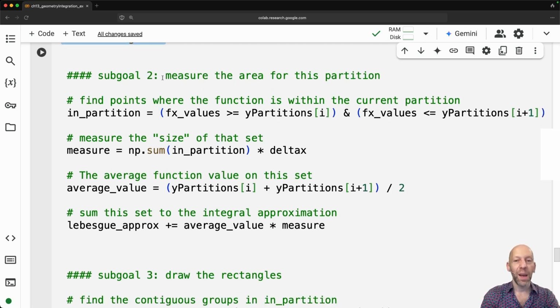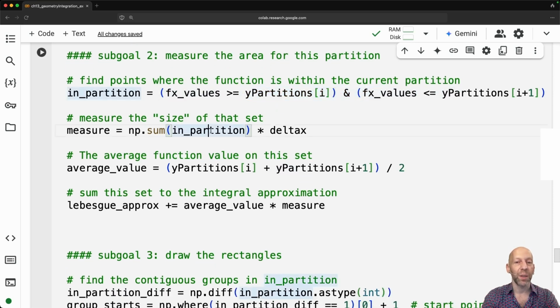Now what we need to do is find all of the x-axis values that are between the bounds for each y-axis or range partition. I hope this code is pretty straightforward so far. We have the y partitions, and we're looking for the function values that are within this particular partition.